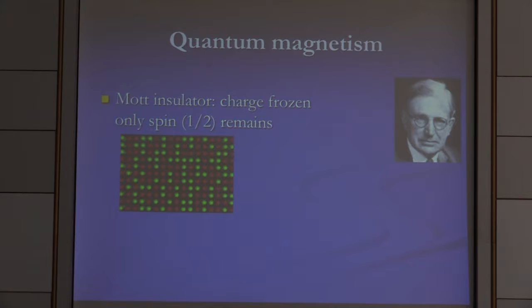This was understood a long time ago: there is something called superexchange, which is not of dipolar origin, but comes from the kinetic energy of the electrons, and which at the end gives Hamiltonians for the spins which are of the Heisenberg form.